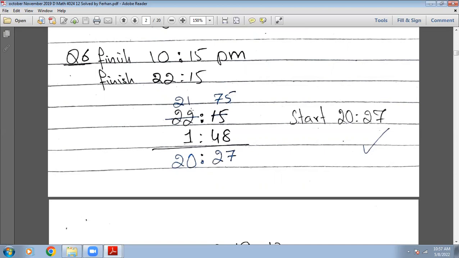It will remain 21. When the hour comes into the minutes, it will become 60. So 60 minutes added to 15 minutes becomes 75 minutes. 75 minus 48 is 27. And 21 minus 1 is 20. So the movie started at 20:27 in 24-hour time format. I hope you understand.